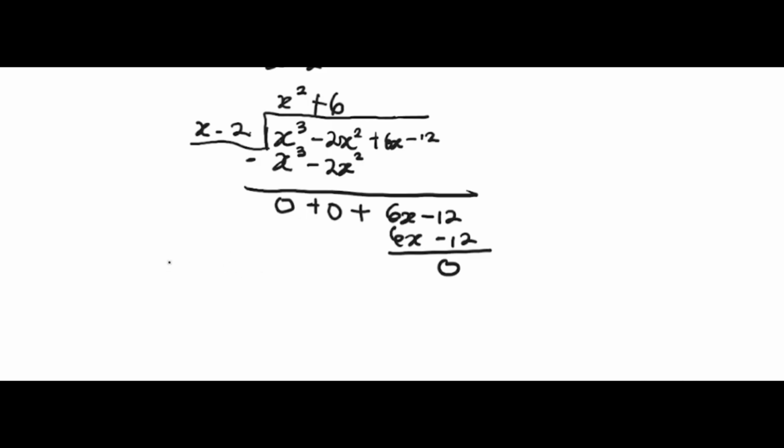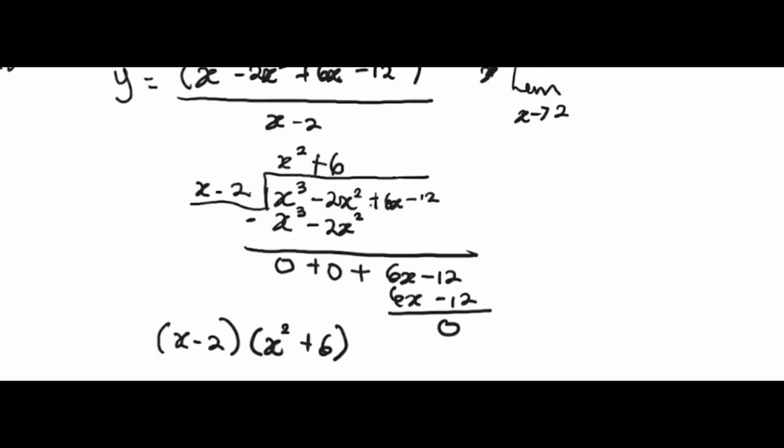So what are the two factors we have? We have x minus 2 and x squared plus 6. Now we have our target. You will see that the numerator now has something that the denominator has.